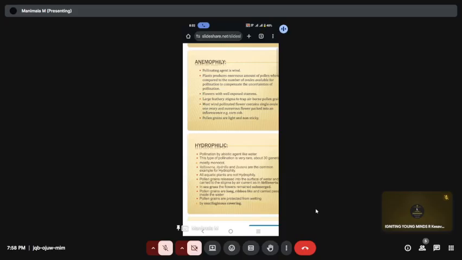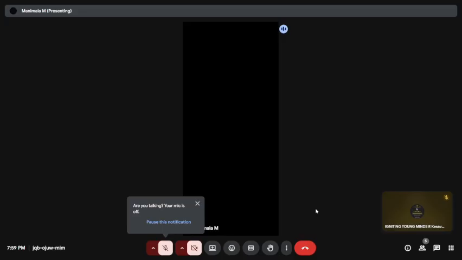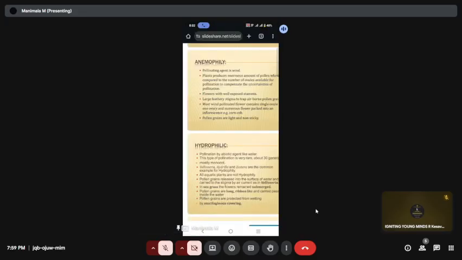And pollen grains வந்து எப்படி இருக்கணும்னா, the pollen grain should be very small, light in weight, dry and non sticky. Okay, and in some plants winged pollen grains are also present. For example, pinus la வந்து we have winged pollen grains. And if you see the ovule, there is only one ovule present inside the ovary.